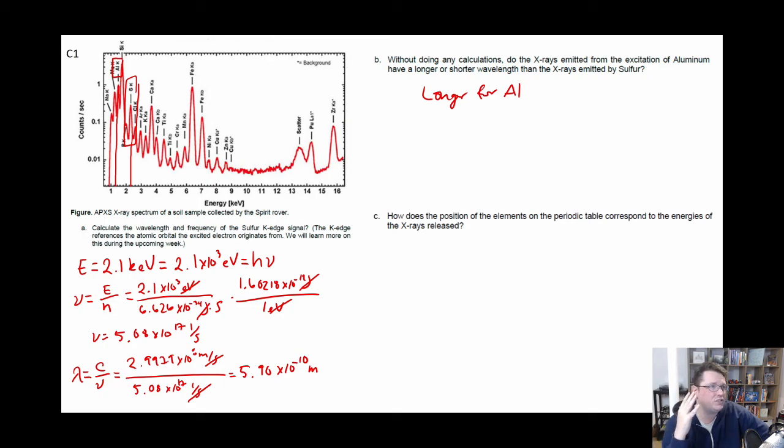As Z, the atomic number, increases, the values in the APXS spectrum increase as well. You can see the same thing down here with titanium, chromium, manganese, iron, all going in a series and all increasing as they go. So the energy increases with atomic number.